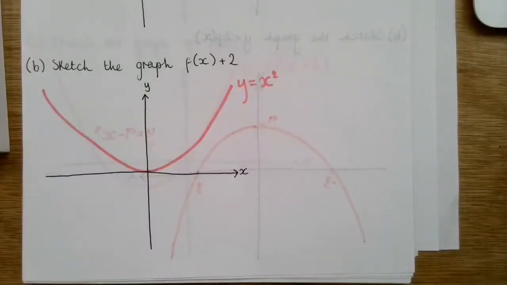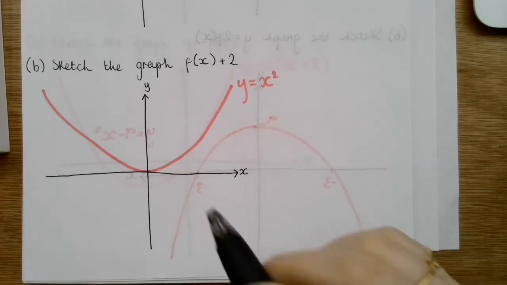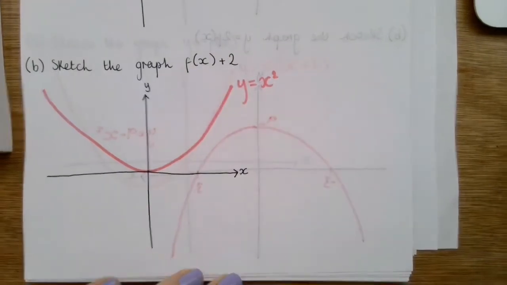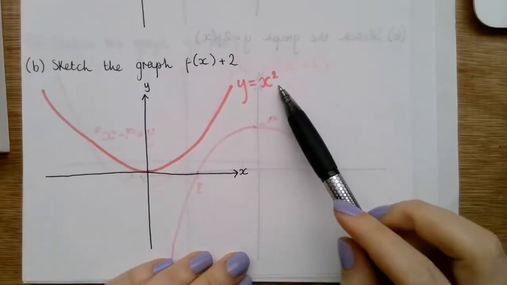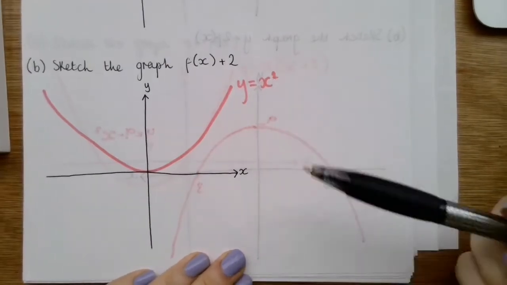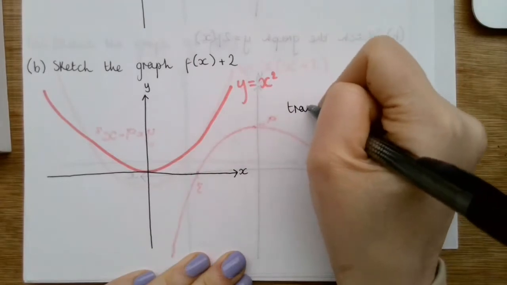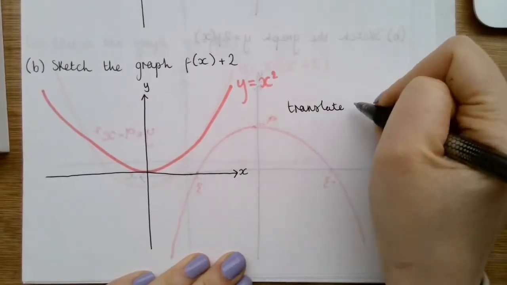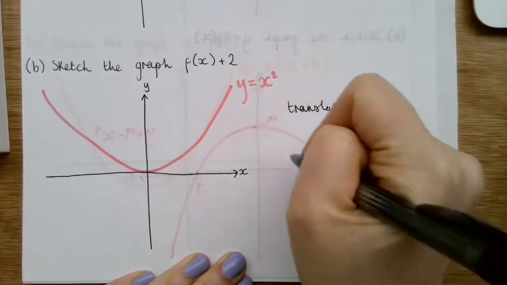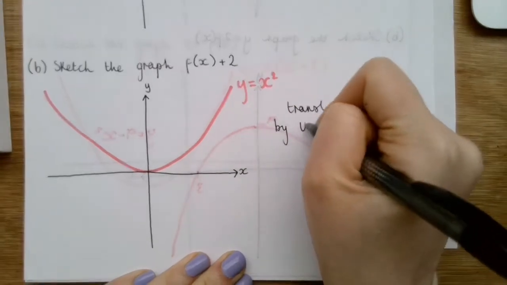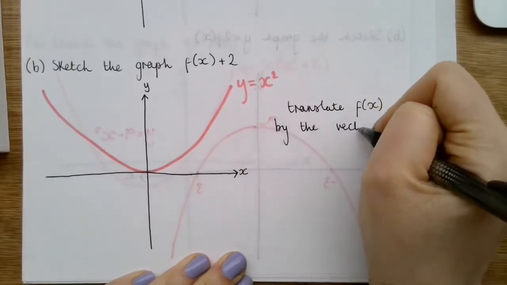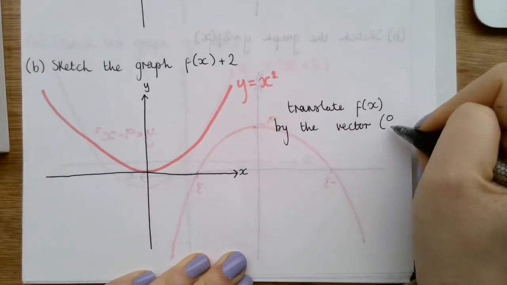For the next example, we're going to look at sketching the graph f(x) and then adding 2 to that function. So we've got y equals x squared. So f(x) + 2, we're going to translate f(x) by the vector (0, 2).